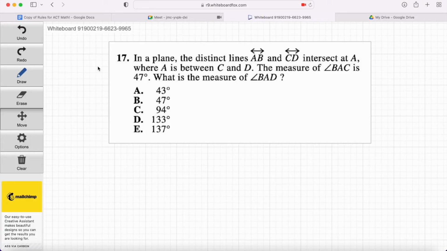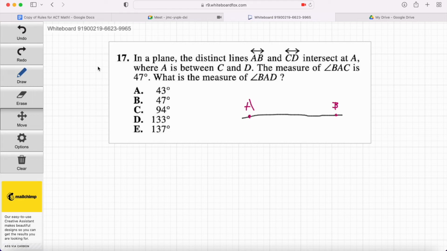Okay, let's make that AB. There's a point A here, and a point B here. That's AB. And then AB and CD intersect at A, where A is between C and D.